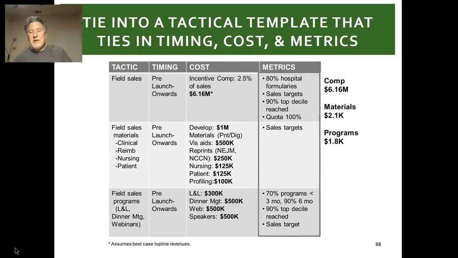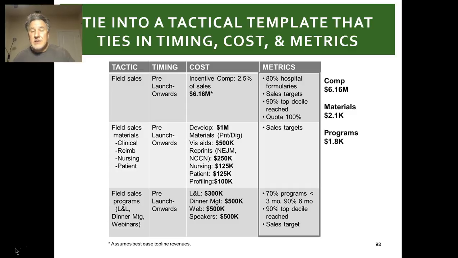So now we go from the different tactics, a little strategy ties to tactics, to, I hate to say it, the boring nuts and bolts. You've got to put together a budget. You've got to put together a plan in your brand plan. There's a tactical plan. So here's what we call a tactical template, which is the tactic, the timing. So when are you going to do it during the year, or during a phase of launch or post-launch?